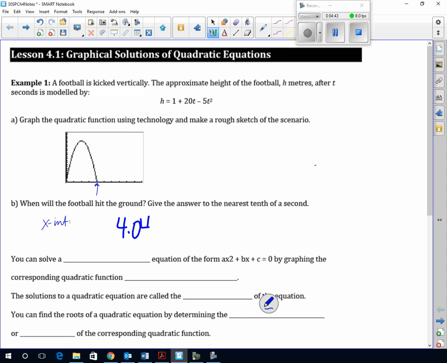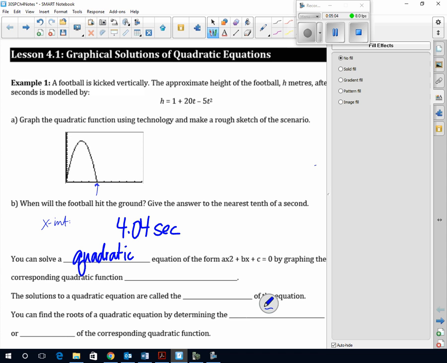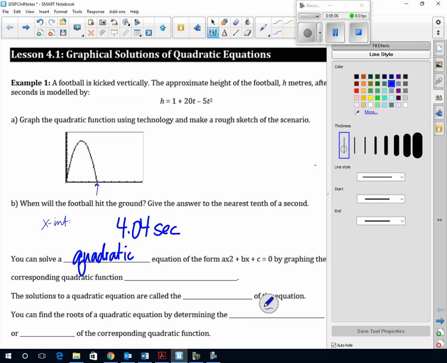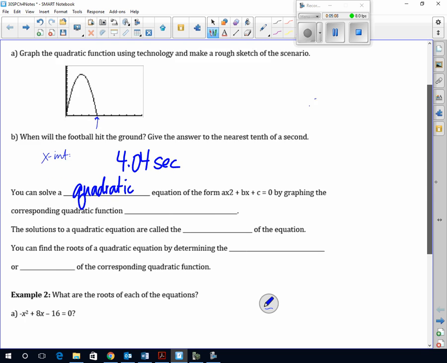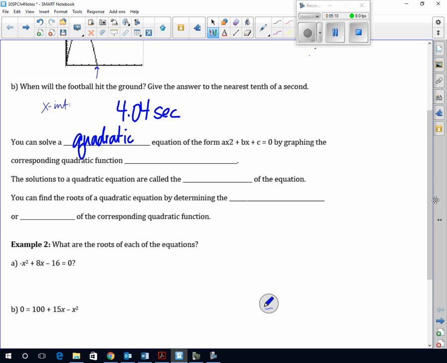Okay, so we can solve a quadratic equation of the form ax squared, that should have been a little 2, sorry about that, ax squared plus bx plus c equals 0 by graphing the corresponding quadratic function. What's the corresponding quadratic function? Well, it would be y equals ax squared plus bx plus c. What's the difference here?